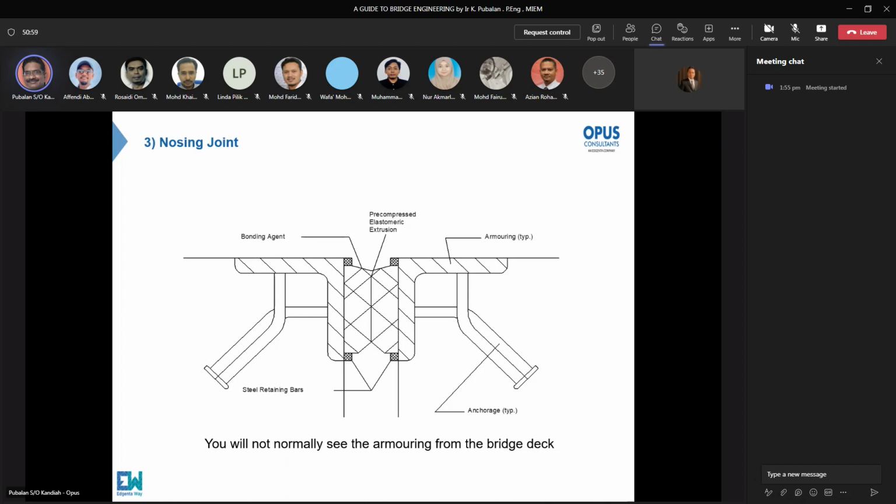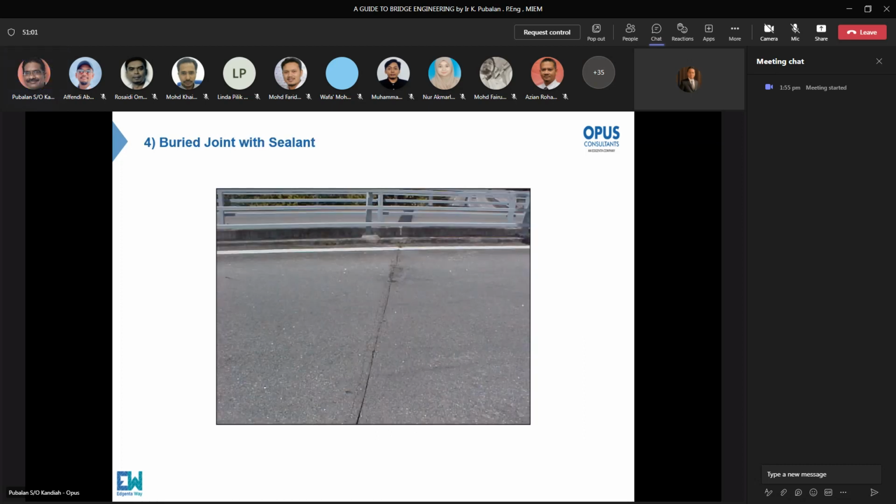This is a buried joint with sealant. We saw the buried joint just now. To counter any probability of the pavement cracking, we can cut the pavement a little bit and add some sealant inside. So when you remove this joint, you will not see a gap down.